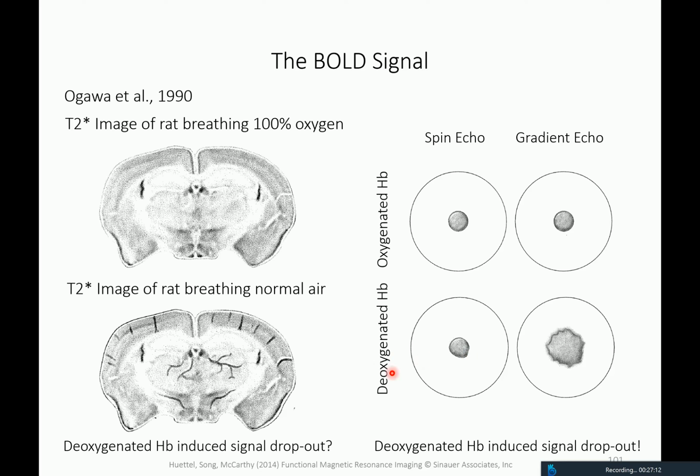And this was essentially their confirmation that these changes in the images have to do really with the oxygenation level of the hemoglobin, which here of course is only indirectly assessed because it could be something else that is induced by the breathing of oxygen versus normal air.